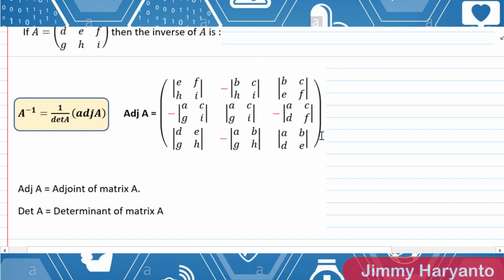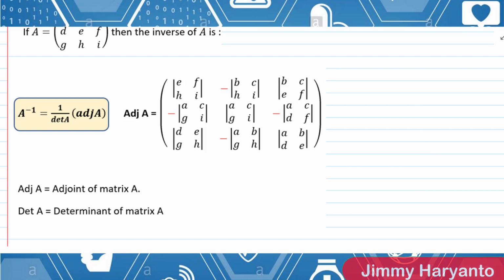It's like this. I will tell you how to find the adjoint later in the example questions. The notes are still the same: adj A equals the adjoint of matrix A, and det A equals the determinant of matrix A.